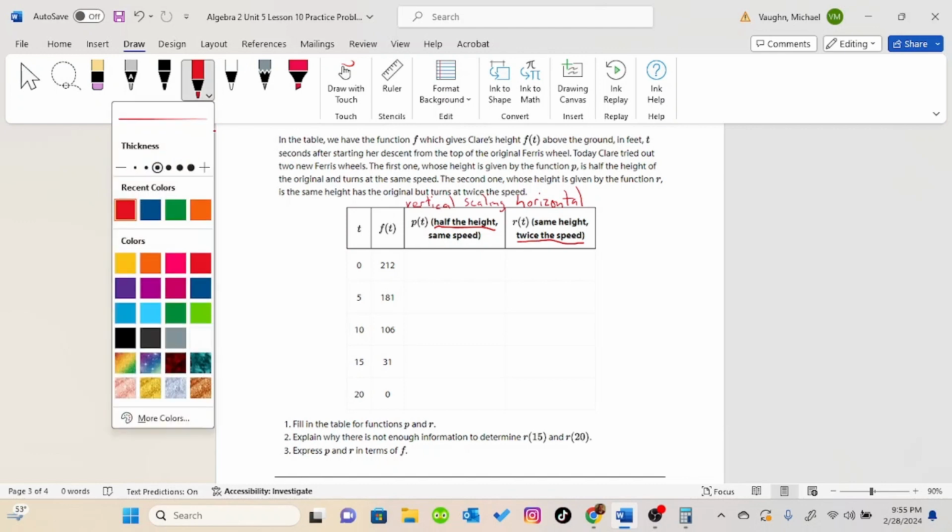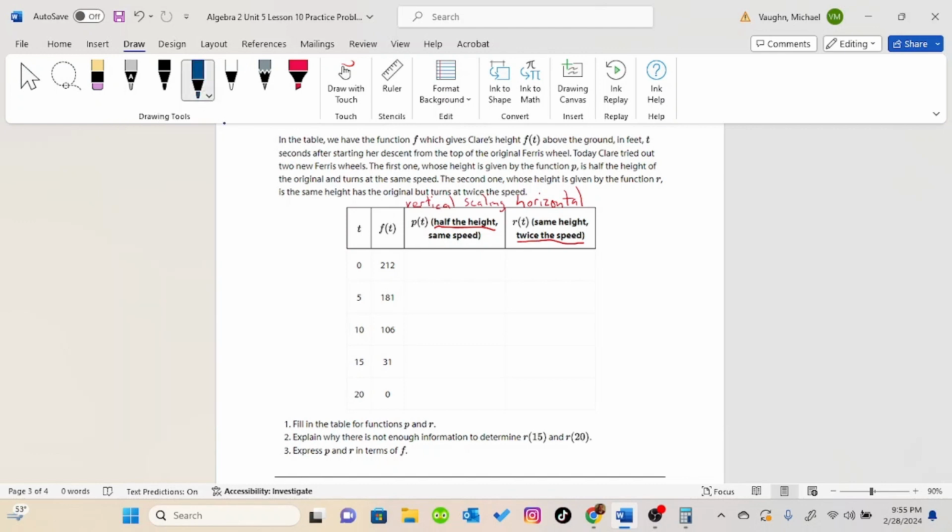So, when we're filling in the vertical scaling, remember that is the y value that is being affected. And when we look at these, time is x, and f of t would be y. So when we're filling these in, if we want half the height, we multiply y by half. So half of 212 would be 106.